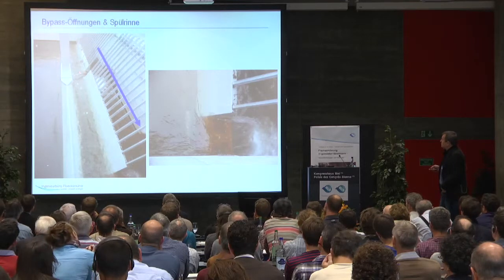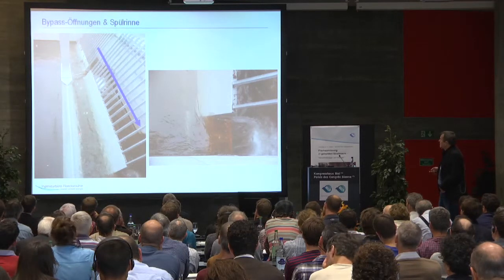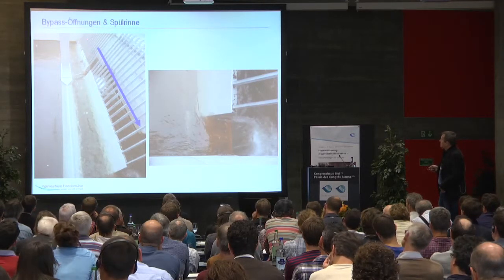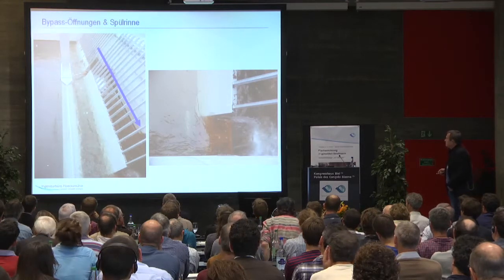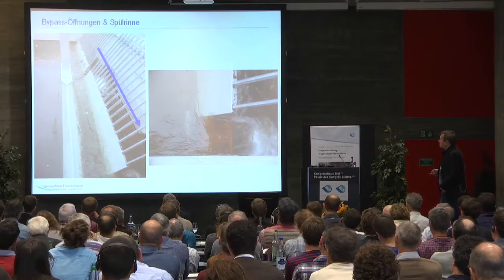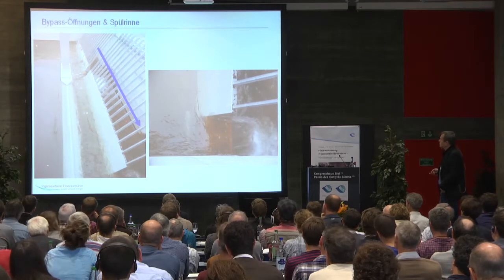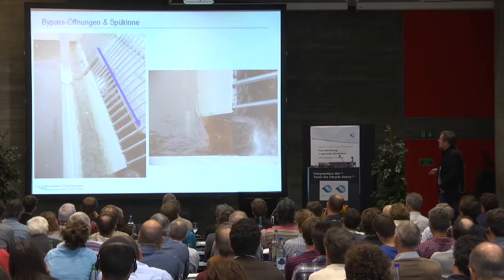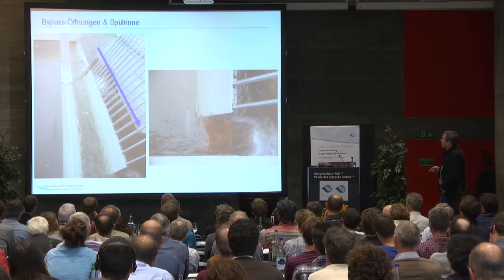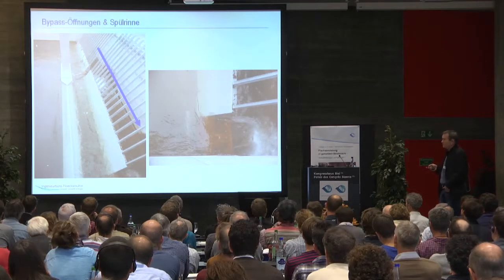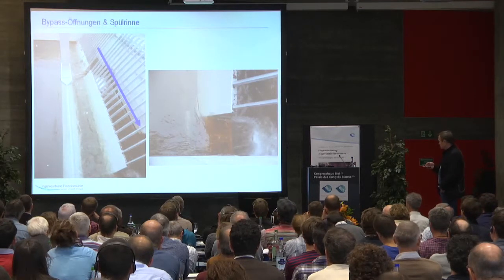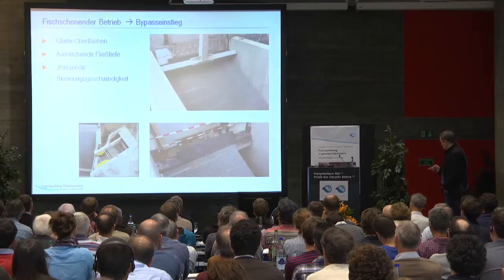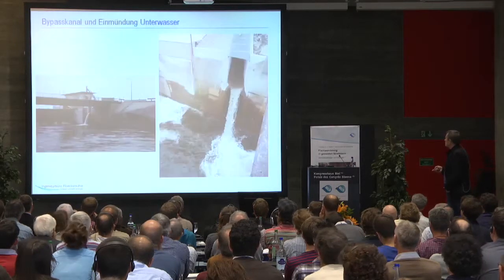Here you have the fine screen and the rake. Then we have the bypass channel behind it, and this is used for the outflow of pebbles and so on up to a certain size.